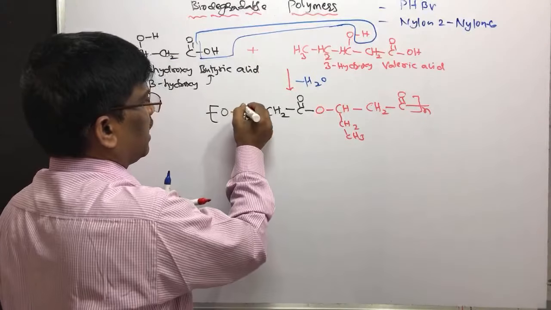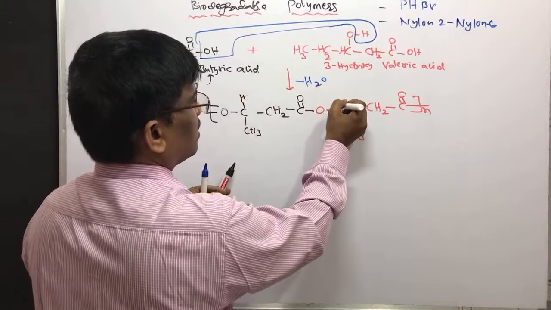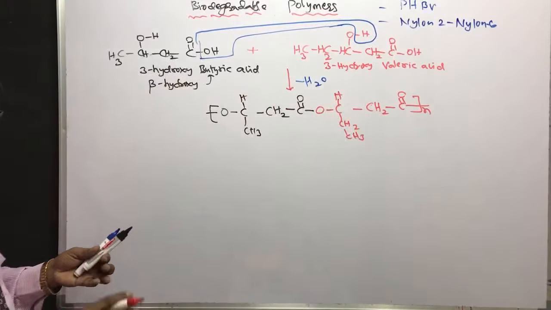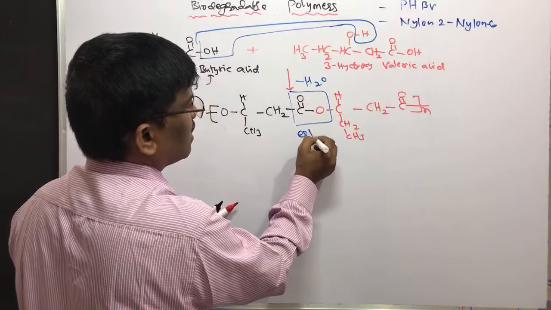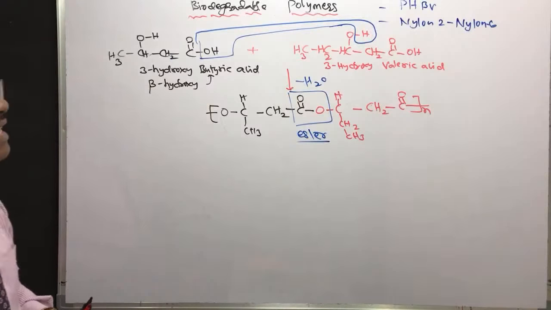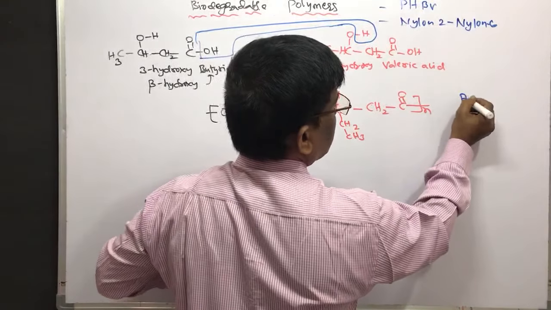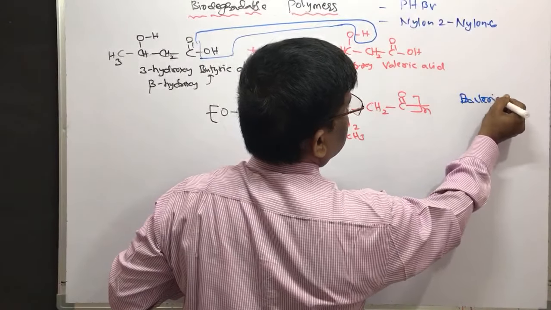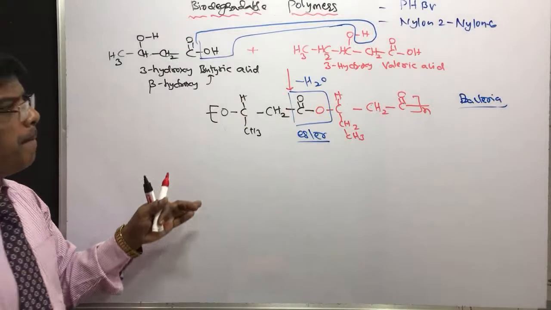If you want, I can write hydrogen here and hydrogen here. What is there in this? It is an ester. These esters are easily degraded by bacteria, so this is a biodegradable polymer.